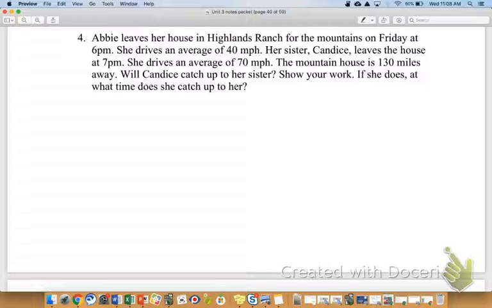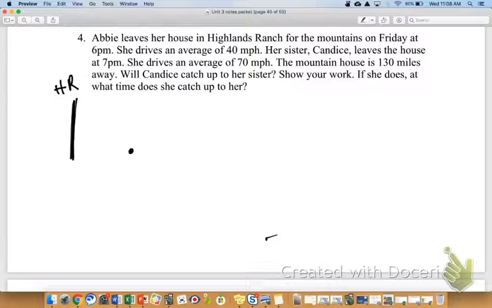So did you draw anything like this? I kind of think of a starting line that would represent Highlands Ranch. And these guys take off, but they take off at different times, don't they? So I would say that Abby left early. So would it be fair to say that Abby kind of got a head start? So maybe this is Abby.